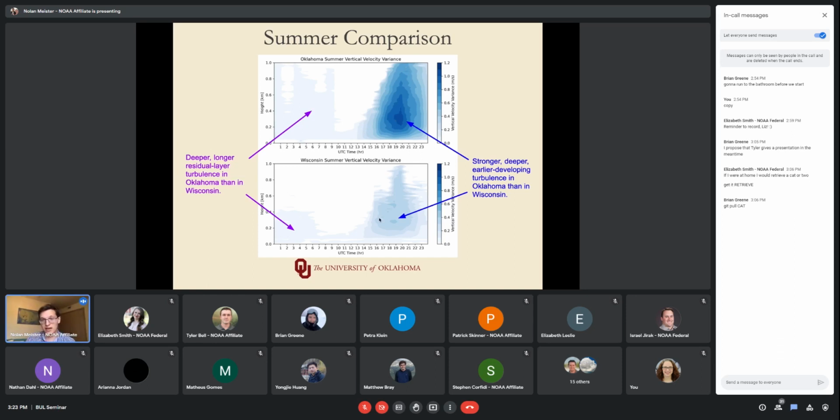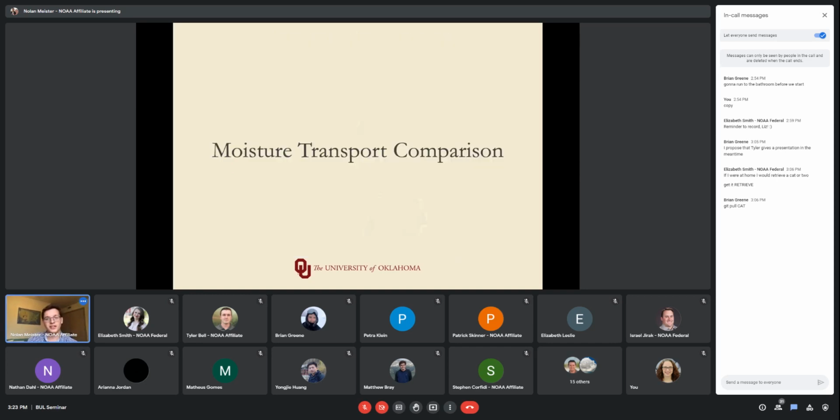Basically, in every way, the boundary layer was more turbulent in Oklahoma. So that's really counterintuitive, and that counterintuition lasts all the way into the evening when Oklahoma has a deeper, longer lasting, and more turbulent residual layer than the one that was noted in Wisconsin. So basically, the static stability and vertical velocity variance analyses were completely contradictory to each other. And I thought that was really interesting.